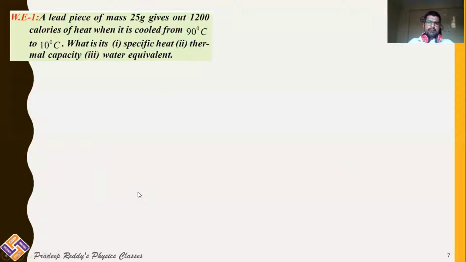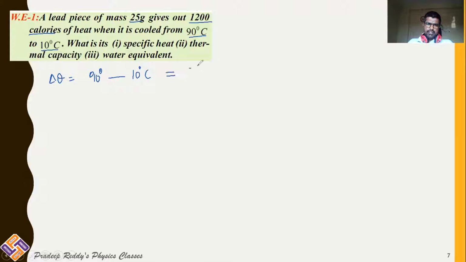Based on specific heat, we will be solving one problem now. A lead piece of mass 25 gram gives out 1200 calorie of heat when it is cooled from 90 degrees Celsius to 10 degrees Celsius. So what happens to delta theta here? From 90 degrees Celsius, it has decreased to 10 degrees Celsius.